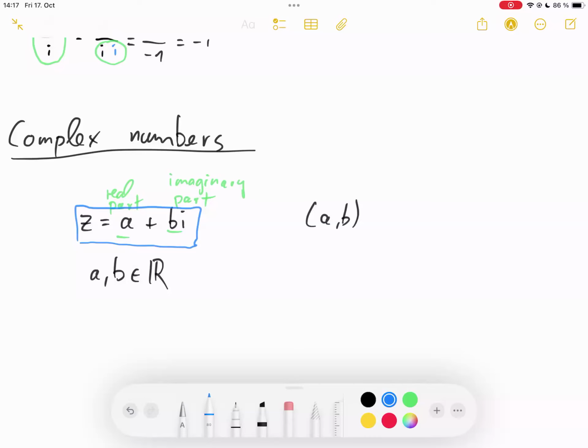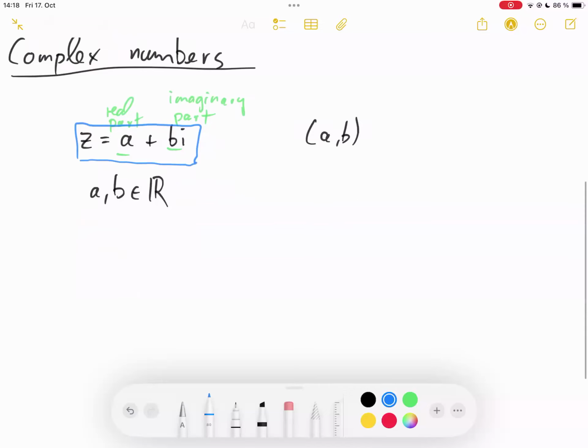And just for the revision and just to make sure everyone is on the same page, we will now look at a few fundamental operations of complex numbers. For example, we can add complex numbers. So we'll do additions, and we'll see one example.